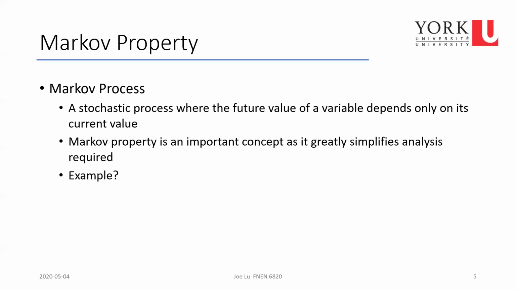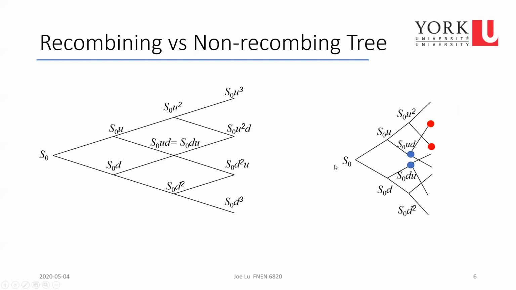Let me give you an example of why it simplifies the analysis. You might have seen in other courses that you use the lattice method to price a derivative asset. If you have the Markov property, you'll end up with a recombining tree.